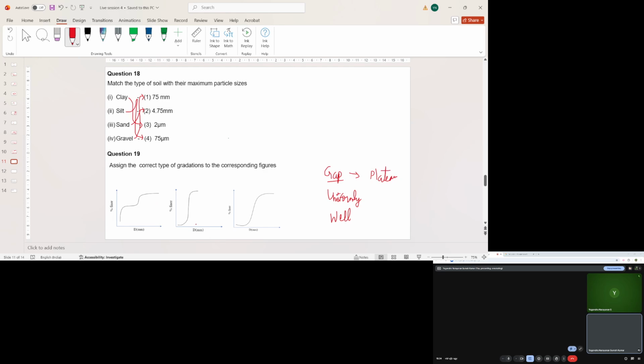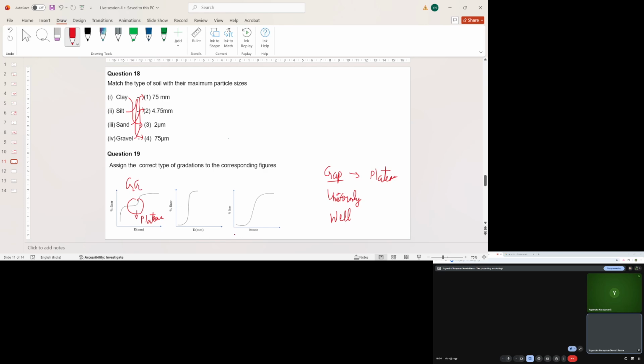So we have a plateau in this one, which specifies that there is no particle size corresponding to that. So this is gap graded.